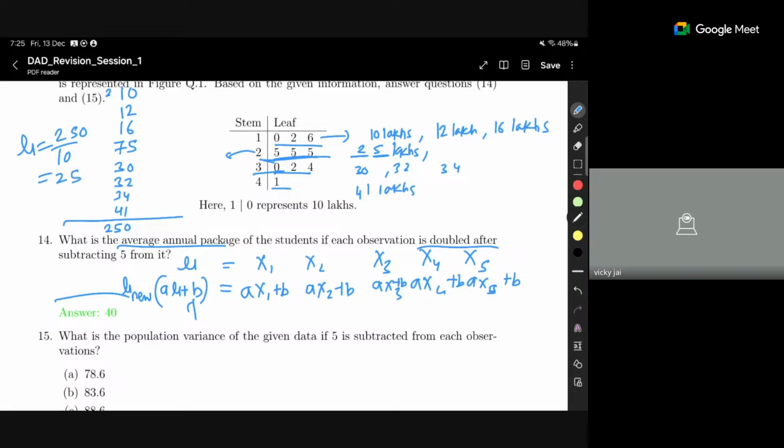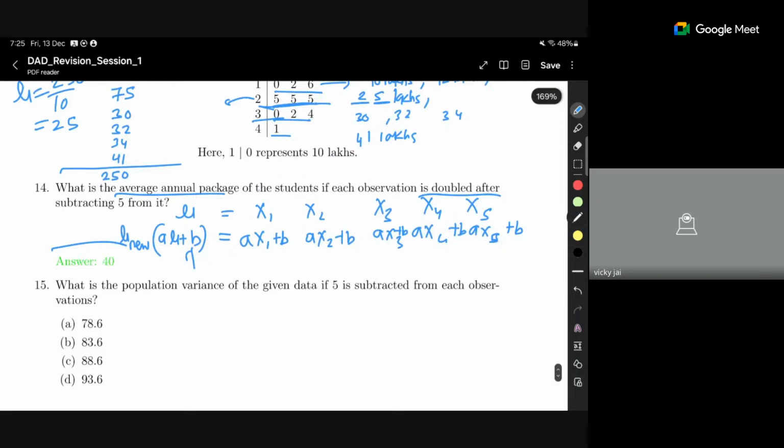So this is the mean of my data, which has not been changed yet. Now I'm going to do some changing in that. I'll double each observation by 2, right? Oh, sorry, I didn't read it the same way.